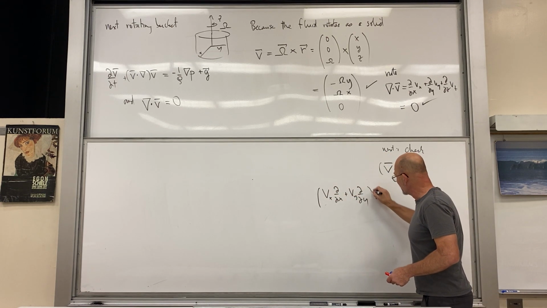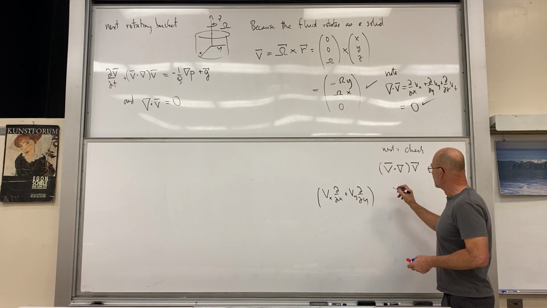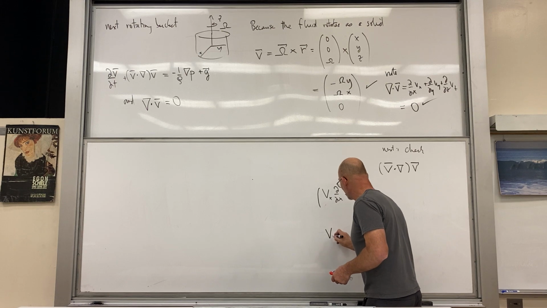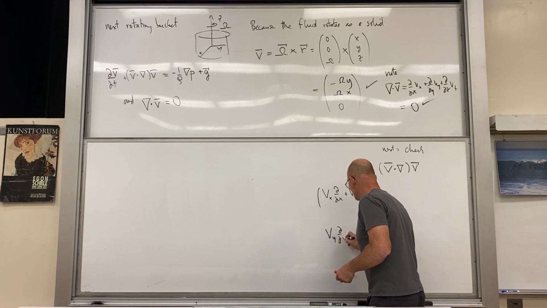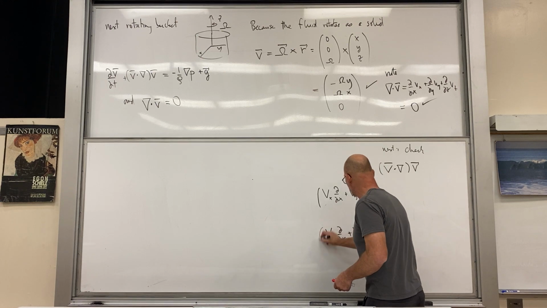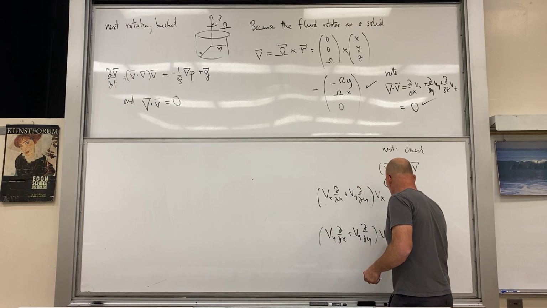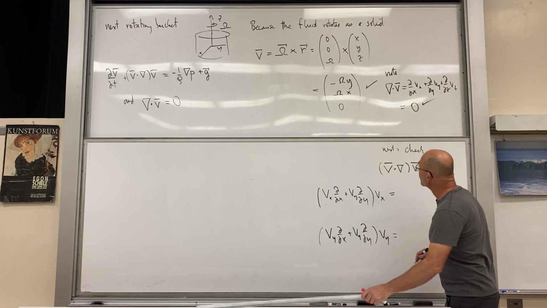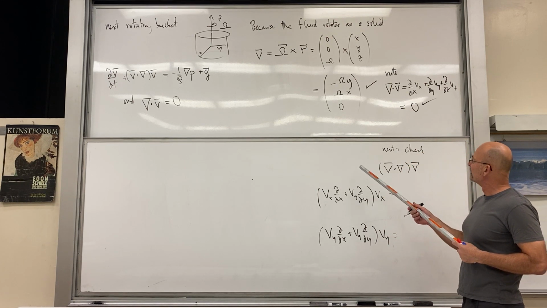That's this operator, no Vz, applied to Vx, and we would have the same thing, d over dy applied to Vy. So presumably we can just look at this thing and see what happens.